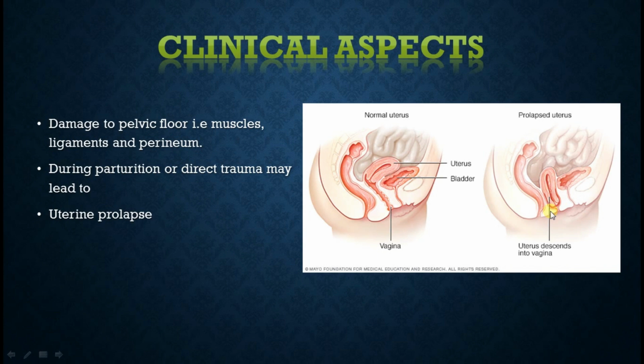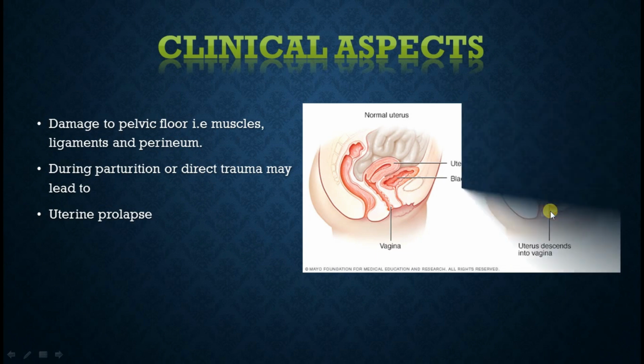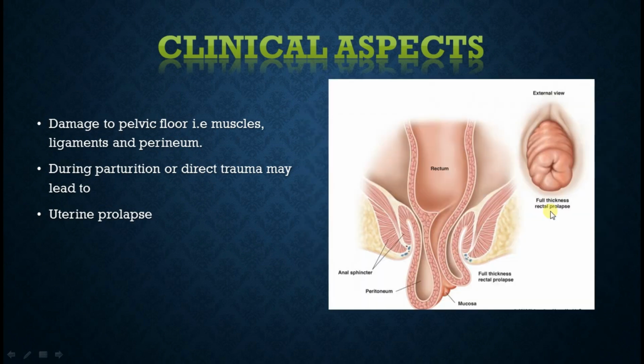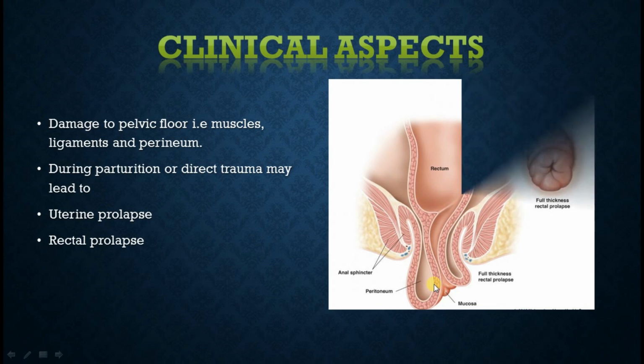If the perineal body is not sutured properly, it can lead to uterine prolapse. In the same way, if the puborectalis sling is damaged, it might lead to prolapse of the rectum. So the rectum might descend through the hiatus rectalis.